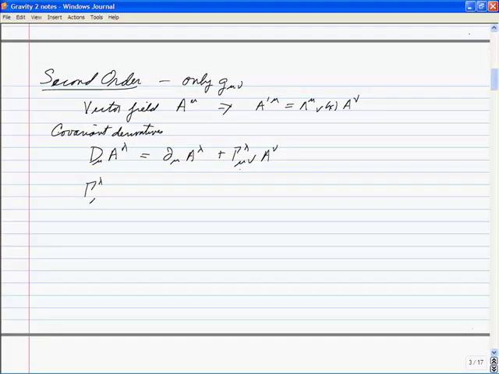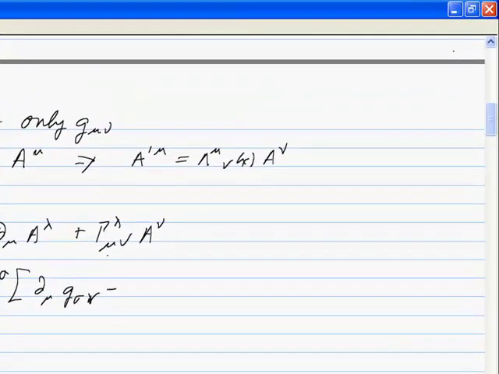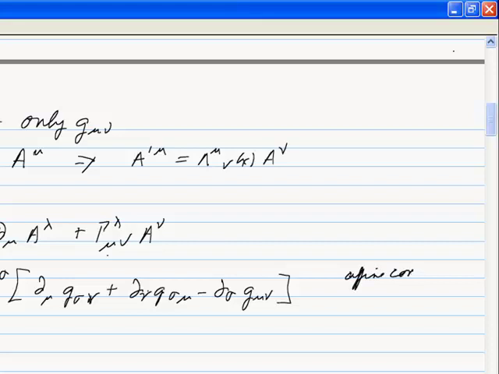So gamma lambda mu nu is 1/2 g lambda sigma (d mu g sigma nu plus d nu g sigma mu minus d sigma g mu nu). This is the affine connection. So this is now our gauge field.